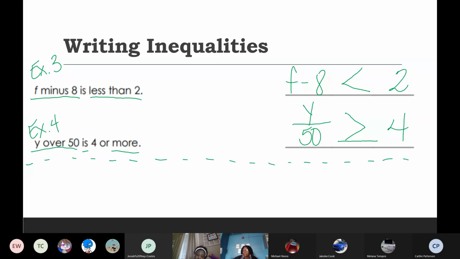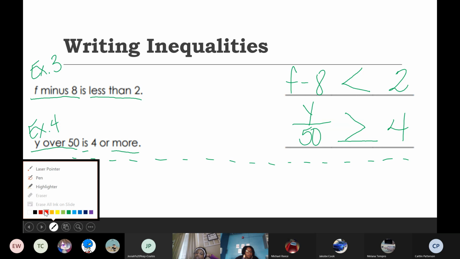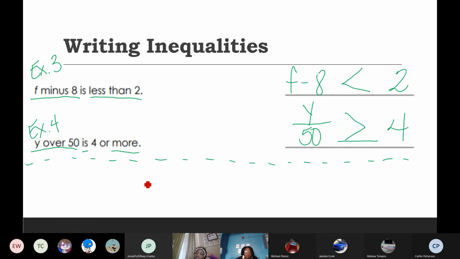All right, so now let's look at example 4, and we're going to work to solve this one. Okay, y over 50 is greater than or equal to 4. What do I have to do first? Someone come on the mic and let us know. Move your variable away from the 50.